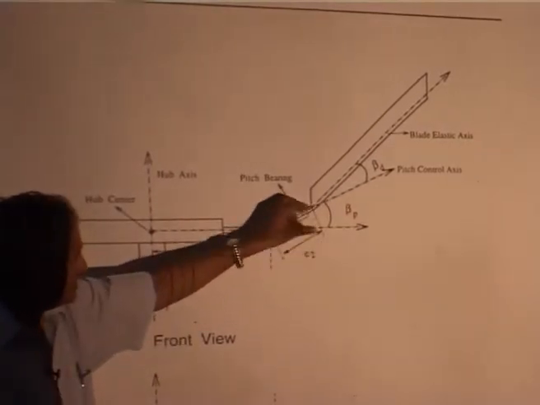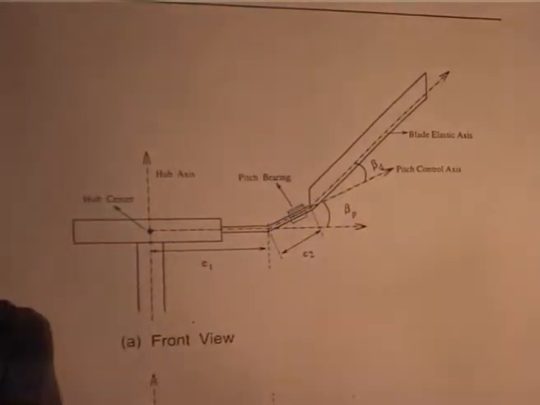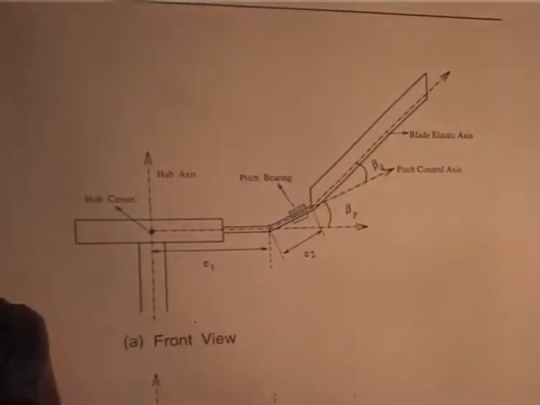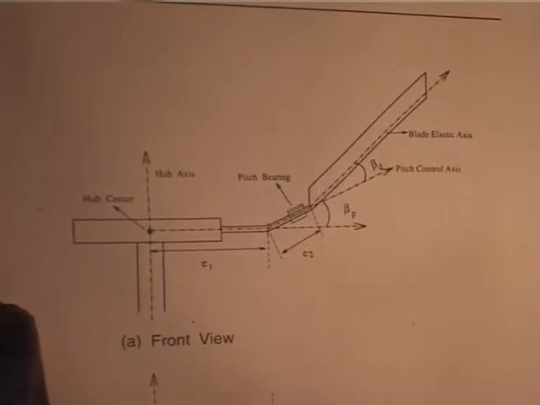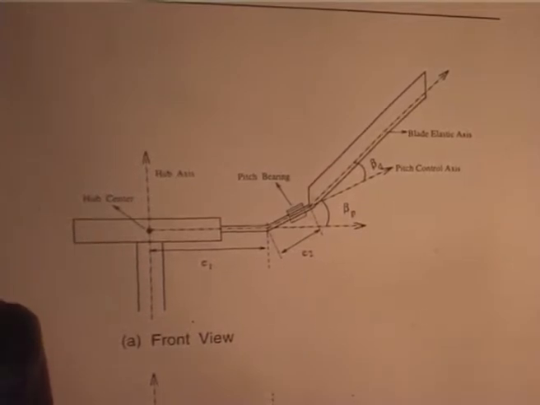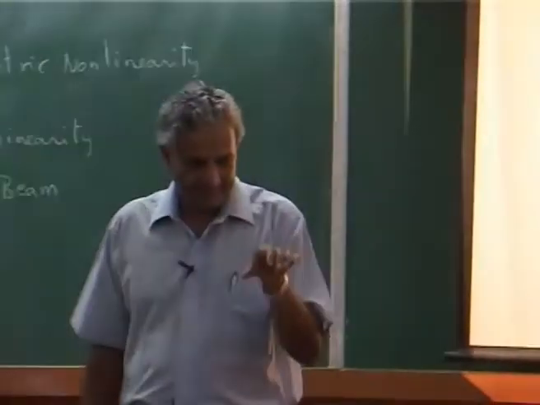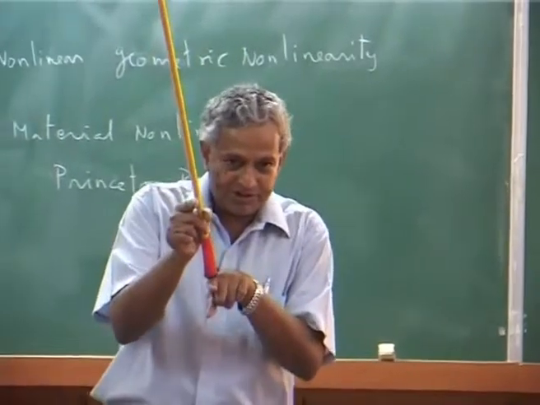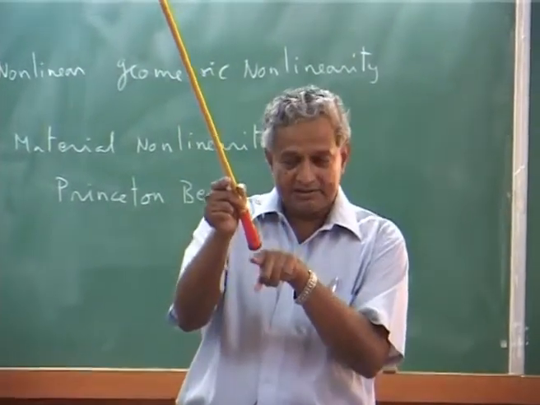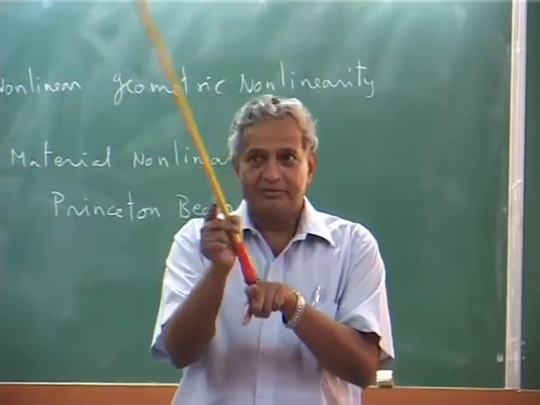When you rotate about this axis, if droop is 0, the pitch angle will change like this. But if the droop is there, if I rotate about this axis, the blade will go like this. Not only will the pitch change, it will also move back and forth, because the axis of rotation is not along the blade, it is in some other direction. So, this will go like this.